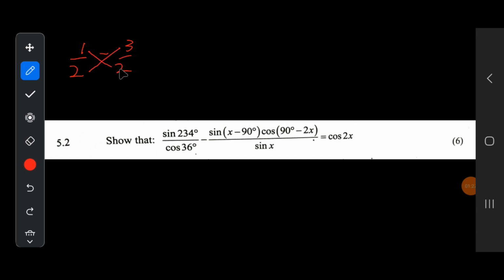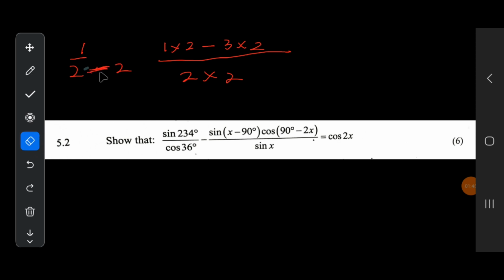This multiplies that, this multiplies that, and the denominators multiply each other. So you're going to have 1 times 2 minus 3 times 2, all over 2 times 2. This is how it works all the time, right? So that same principle, we're going to use it on this question.